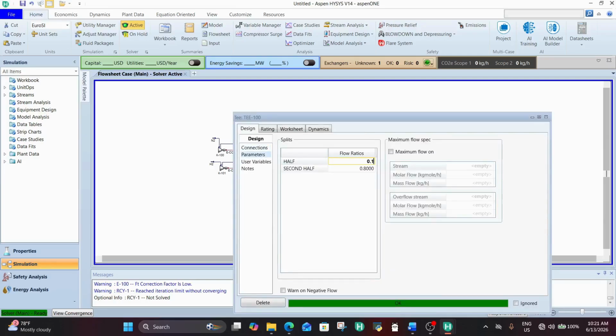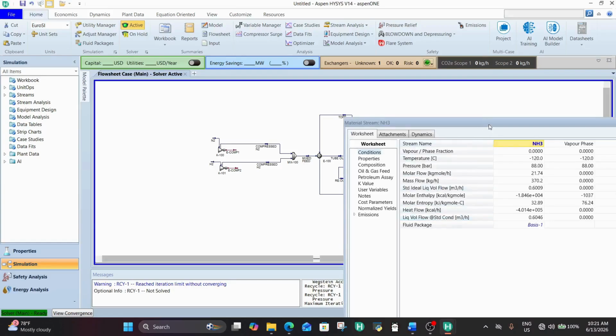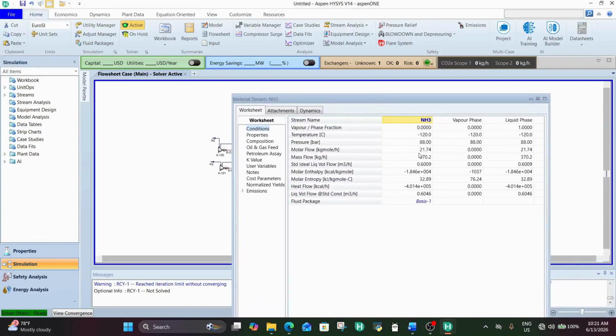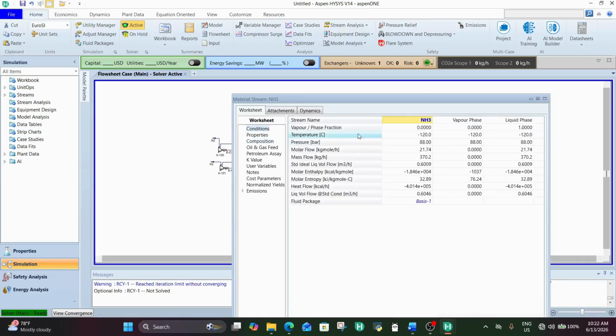Alright, 0.1 at least. Aha, that works. Recycling 0.1. And you can see we have 21.74. We increased our yield. Let's just make sure everything's alright. Yep. Our yield increased from approximately 20 kilogram mole per hour to 21.7. So that works in our favor.